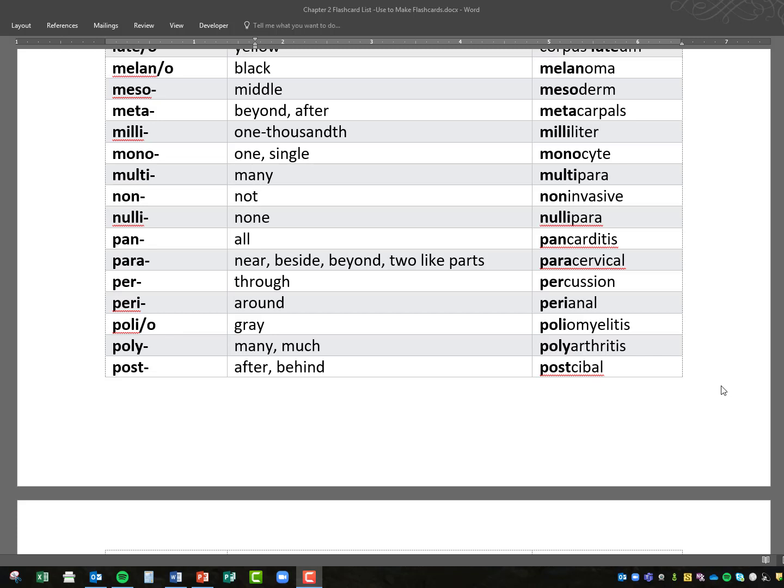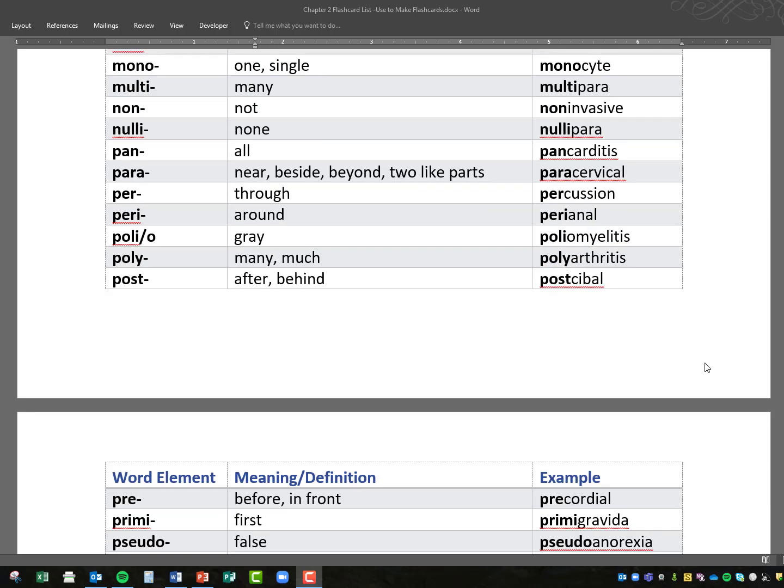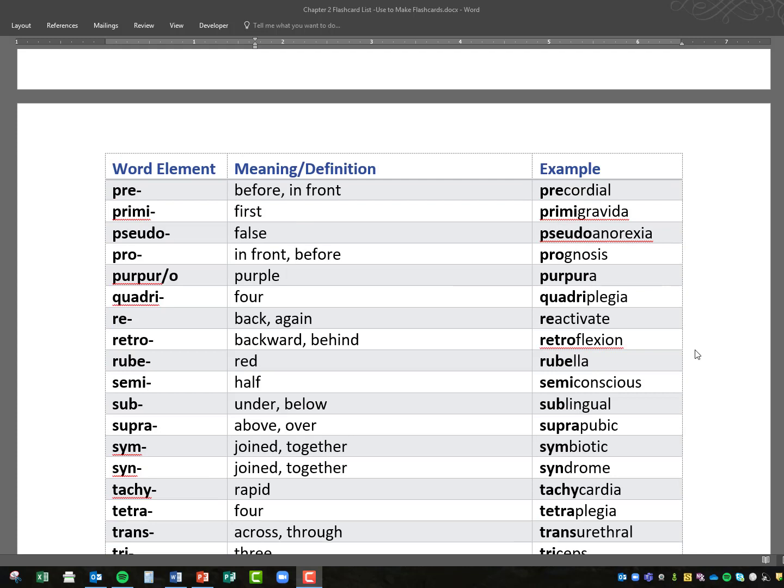Polio means gray. Poly, many. So this one's just like multi. Poly and multi would be a good one because they're both many. Post, after, kind of think whenever you are doing something afterwards, like there's a post party. Pre, before, in front. Primi, first.